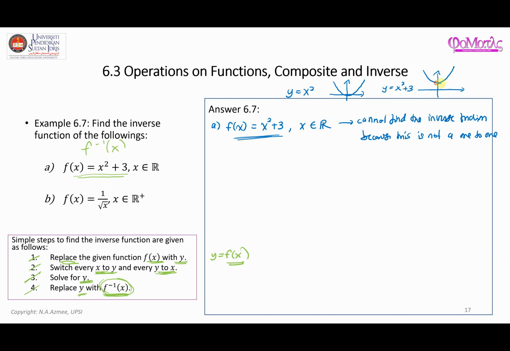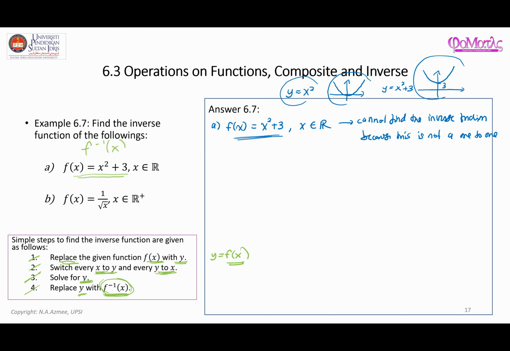So this is at this point. So again, this is a many-to-one function, and because of that you cannot find the inverse function. Now you'll be seeing a lot of sketching in the last section of this chapter. So at this moment of time, let's just not worry about it so much yet.